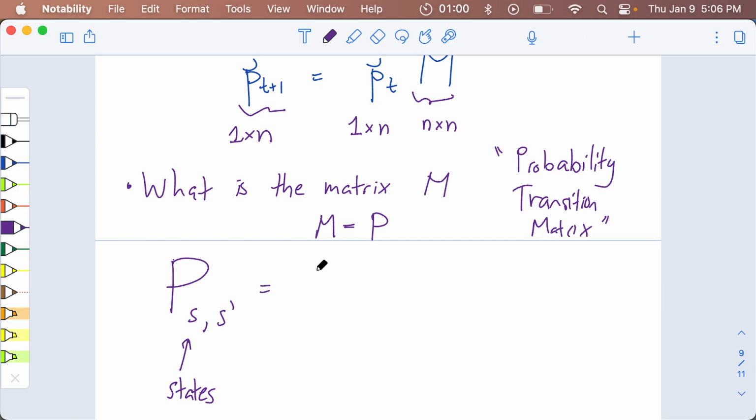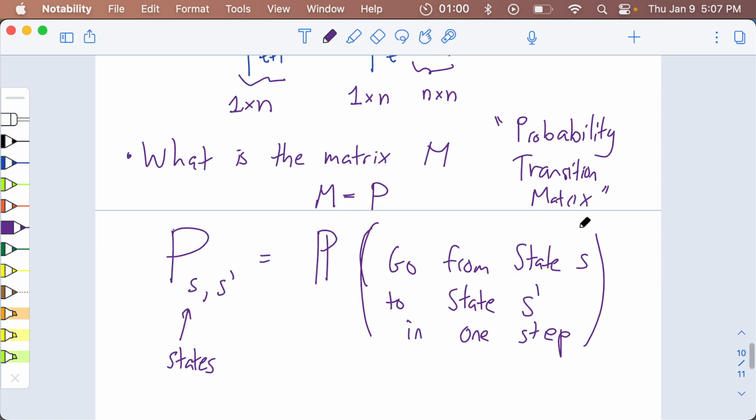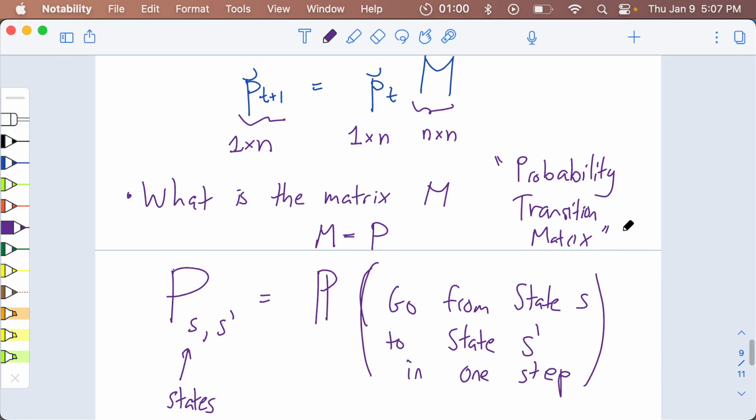And the rule is it's the probability to go from state S to state S prime in one step. So this is what the probability transition matrix is. It tells you how you're moving around in one step. And knowing what you do in one step exactly lets you iterate and figure out the probabilities you're at any location.